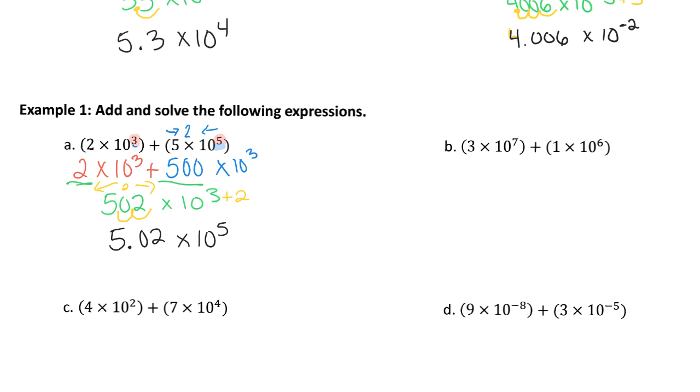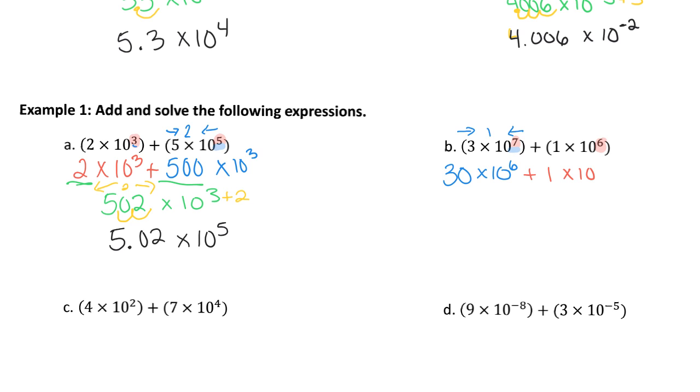One more that we're going to do together. Look at our exponents. Which one's bigger? 7's bigger. It's bigger by 1 spot. So we're going to add 1 zero to this. We make our exponent whatever the smaller exponent was.